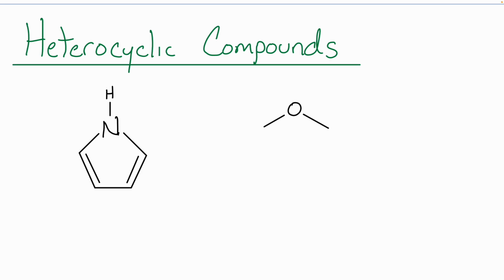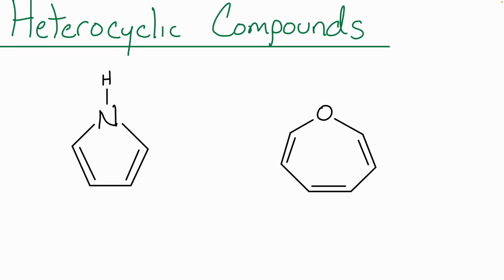Let's take a look at two examples. These 7-membered rings are a huge pain in the butt to draw. Good enough. We're going to apply our rules for aromatic, anti-aromatic, non-aromatic, and classify these heterocyclic compounds as well.